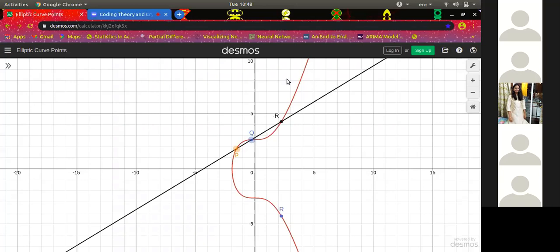Here I have an elliptic curve, and I choose the points P and Q. When we draw a line through P and Q, it intersects the curve at a point, and we take the mirror image of that point. So this is the point R. That's how addition is done in an elliptic curve.